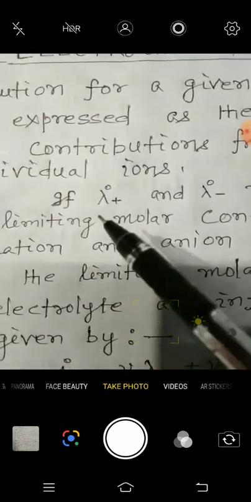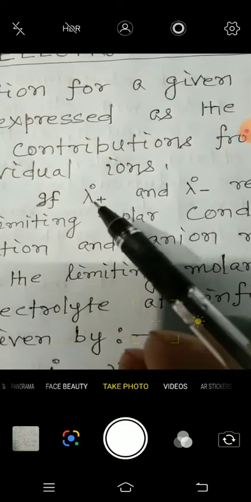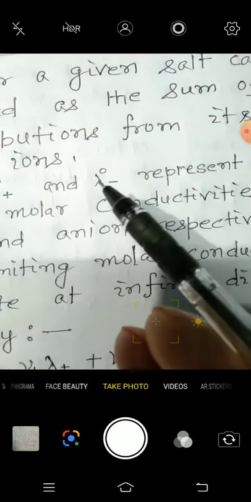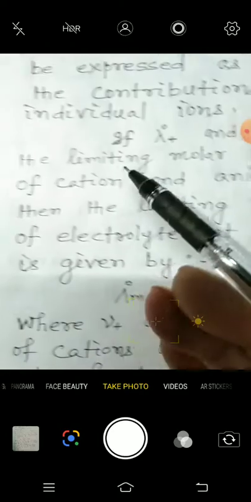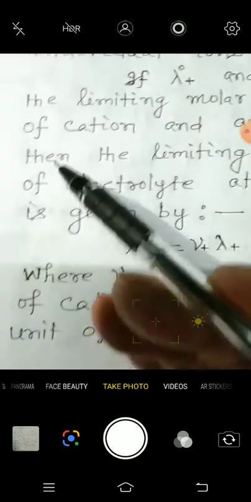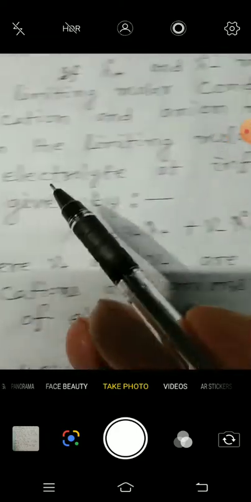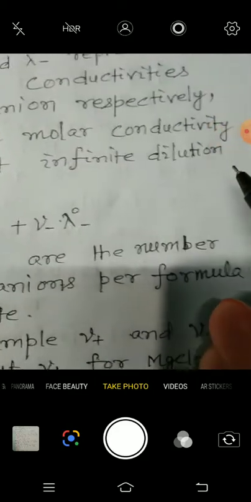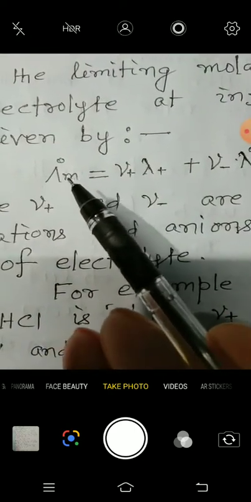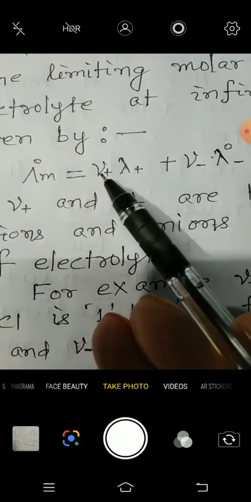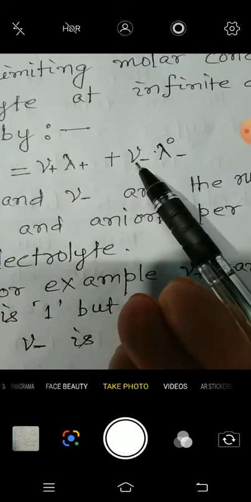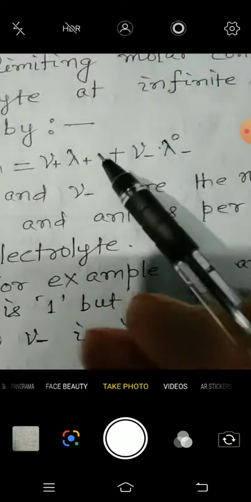From this example you will become more clear. If lambda naught plus and lambda naught minus represent the limiting molar conductivities of cation and anion respectively, then the limiting molar conductivity of the electrolyte at infinite dilution is given by this formula: limiting molar conductivity of the electrolyte equals nu plus, the number of cations, times the limiting molar conductivity of the cation, plus nu minus, the number of anions, times the limiting molar conductivity of the anion.